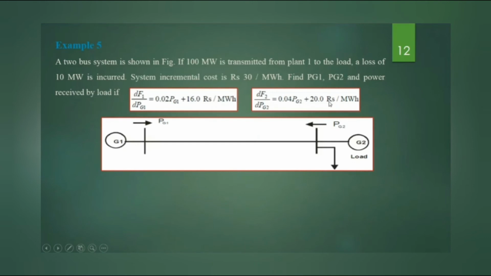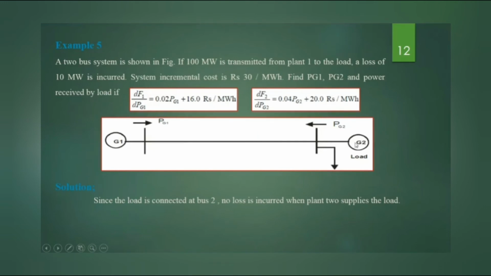Now, first of all, understand this example. If you transmit 100 megawatt from this generator to the load, a loss of 10 megawatt is incurred, right? Since the load is connected at bus 2, losses are incurred when plant 1 is supplying to this load, right?